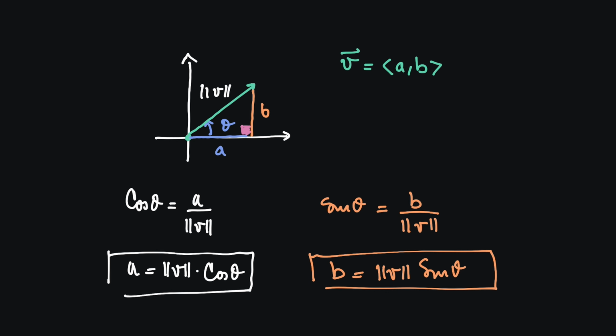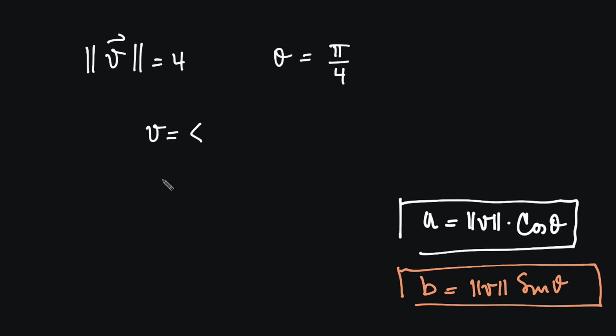Let's suppose that we have a vector with magnitude 4, and the direction of the vector is pi over 4. Okay? So we can find the vector using these two formulas. If you remember from just 1 minute ago, we can find the horizontal component with 4, the magnitude, multiplied by cosine of pi over 4.